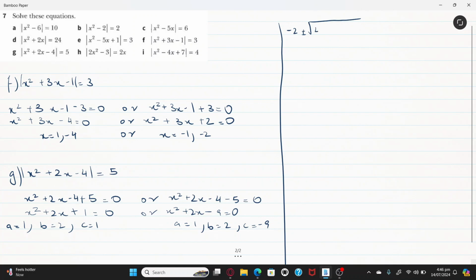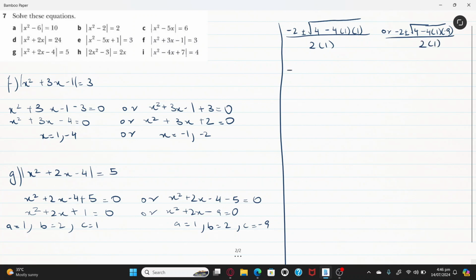B squared is 2 squared, minus 4 multiplied by A multiplied by C, divided by 2 multiplied by A. For the second part, minus B plus minus under root B squared minus 4 multiplied by A multiplied by -9, divided by 2 multiplied by A, which is 1.